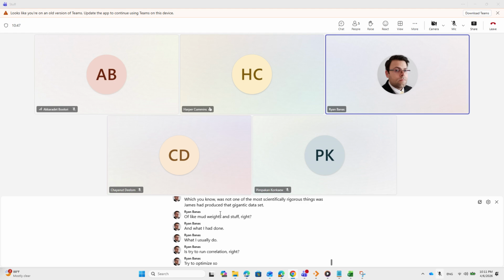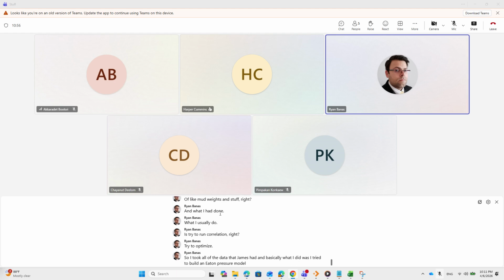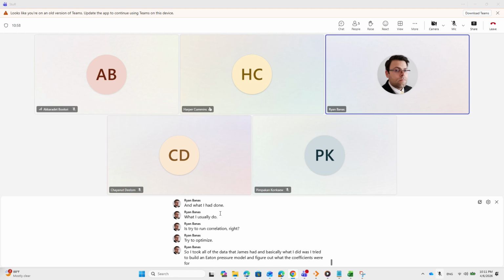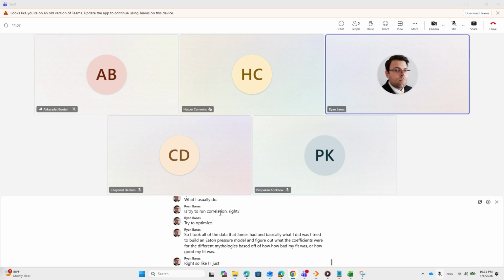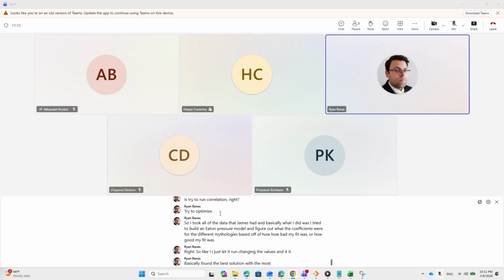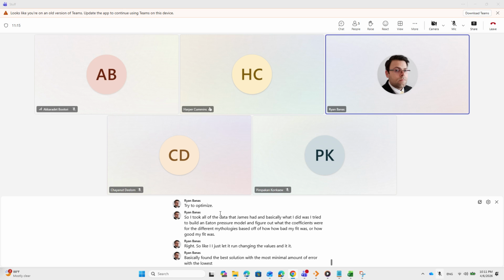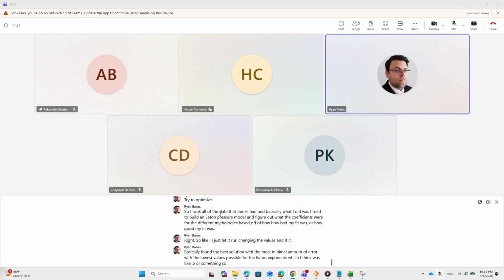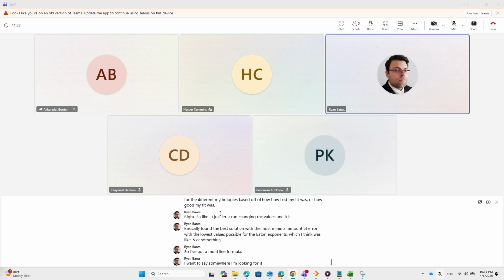So I took all of the data that James had, and I tried to build an Eaton pressure model and figure out what the coefficients were for the different lithologies based off of how bad or how good my fit was. I just let it run, changing the values, and it basically found the best solution with the minimal amount of error with the lowest values possible for the Eaton exponents, which I think was like 0.5 or something. So I've got a multi-line formula somewhere that does this.